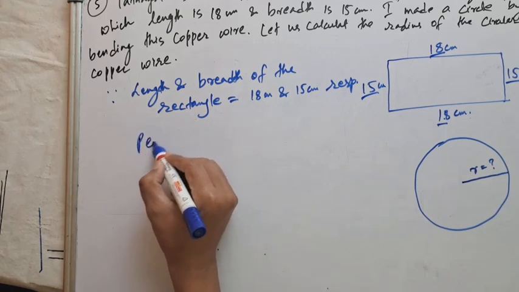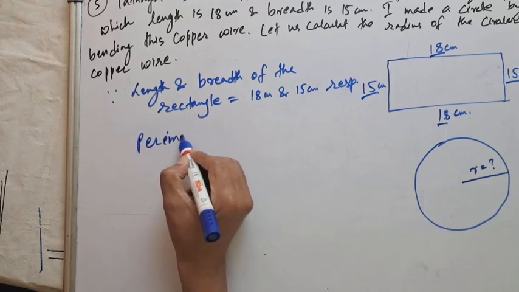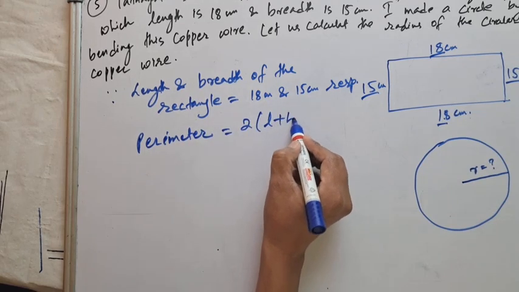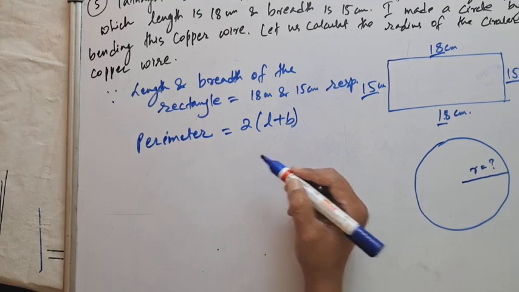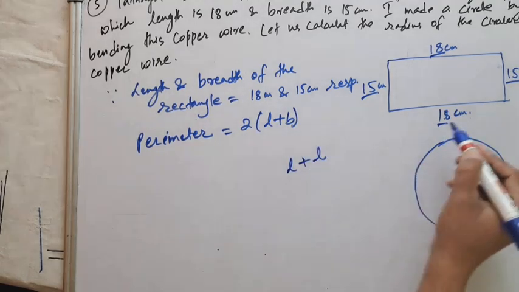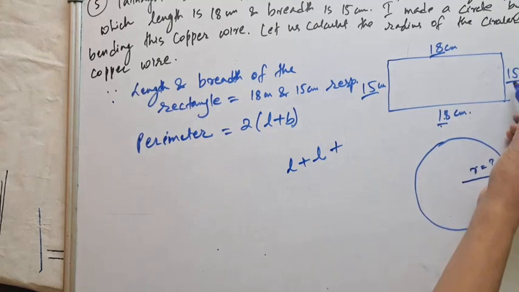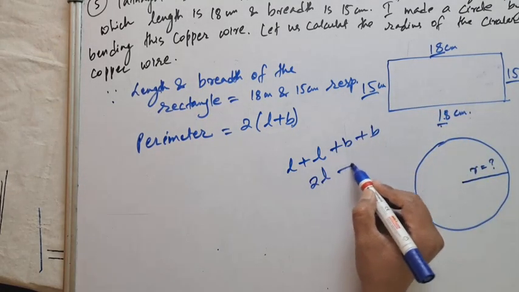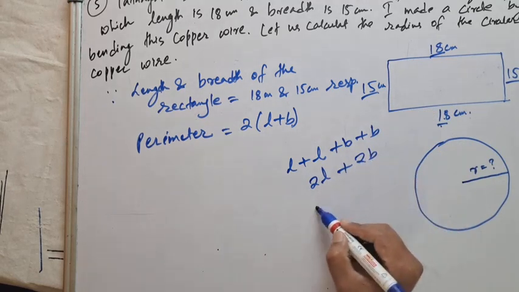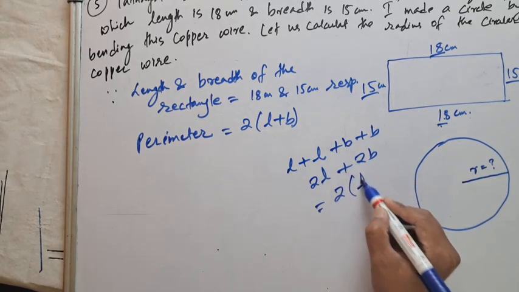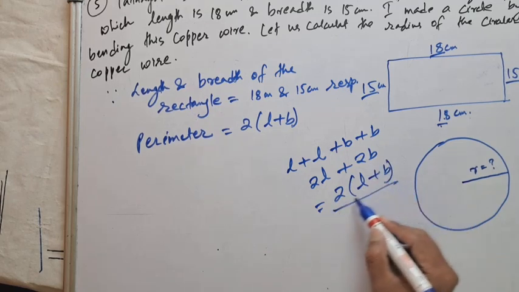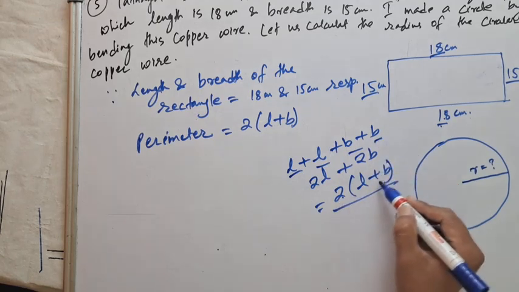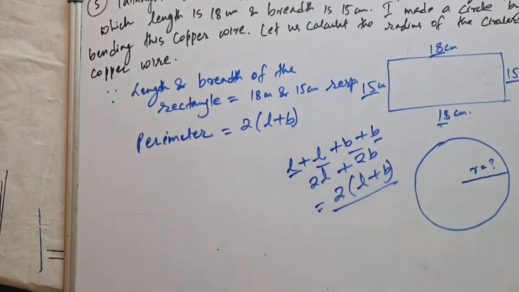So perimeter equals 2 into length plus breadth. This is the formula for the perimeter. Length plus length is 2L, breadth plus breadth is 2B, so we take 2 common: 2 into length plus breadth.